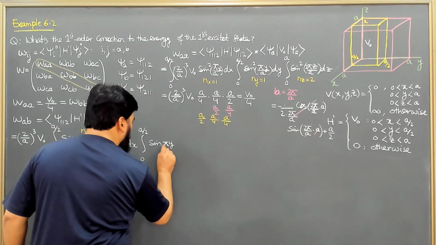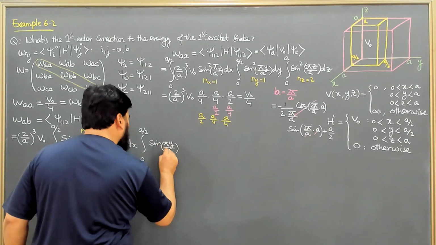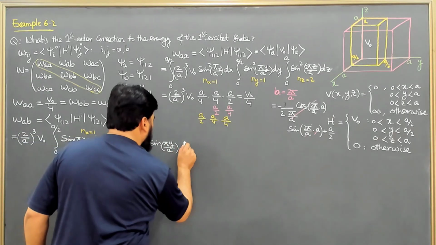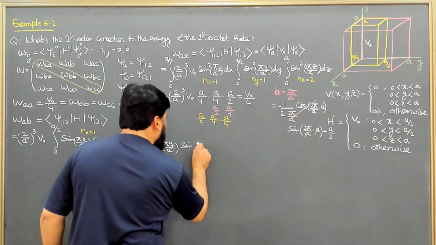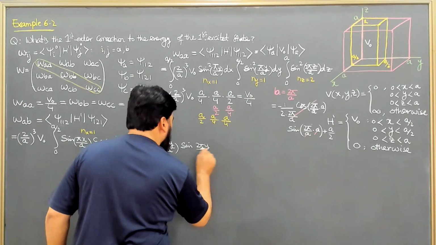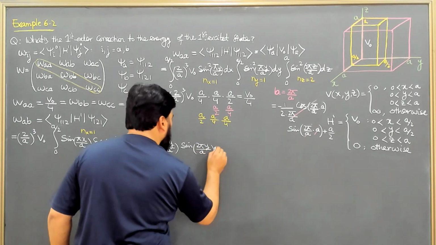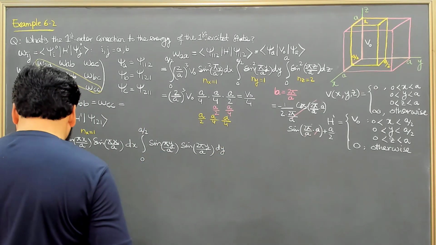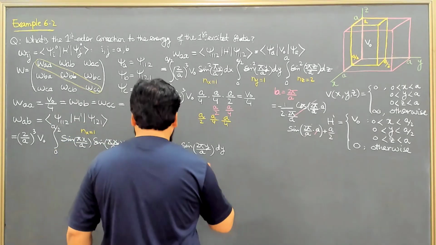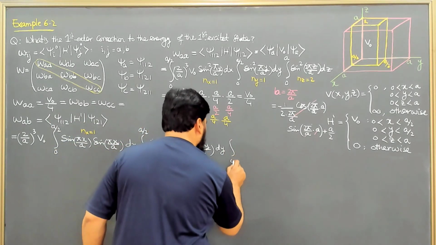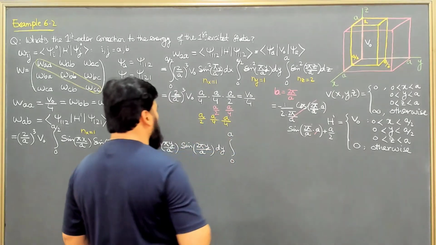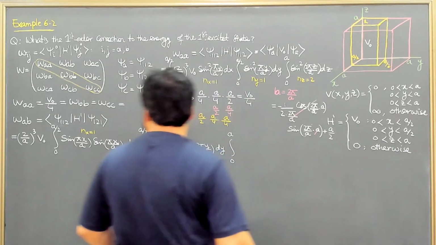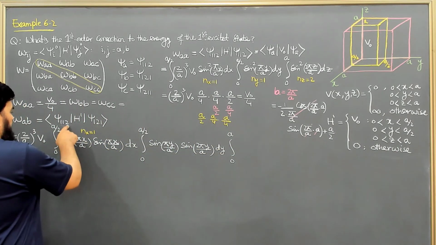y over A. And then here n is equal to 2. So this will be sine 2πy over A and dy here. And similarly, I will write the third one from 0 to A because the z is changing from 0 to A. And then here is 2.